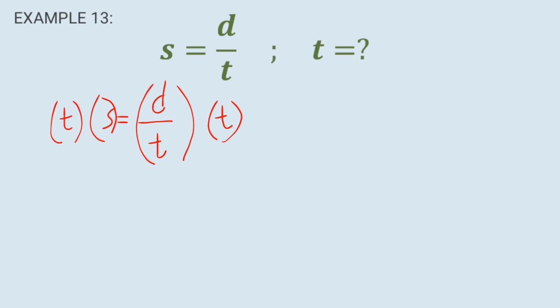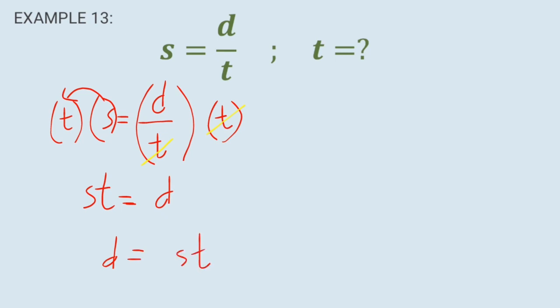Okay, now we can cancel out t, and we're left with d here. And what is s times t, or t times s? It is st. Now, by applying the symmetric property, we'll now have d is equals to st.